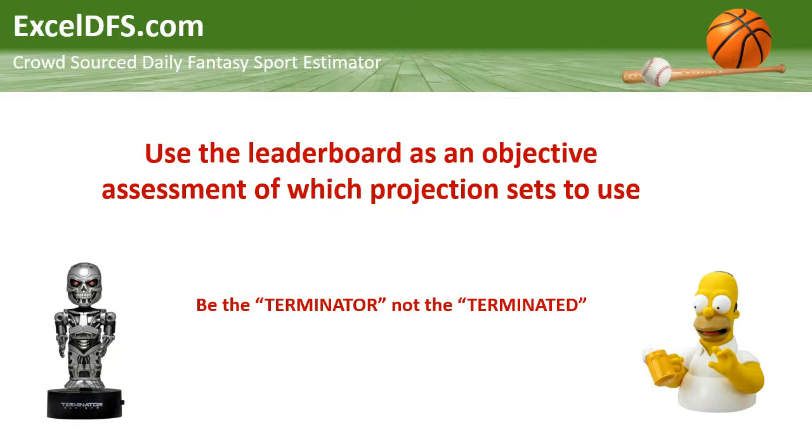Basically, without further ado, I'm going into practical examples of laying bets where we use the leaderboard as an objective assessment of which projection sets to use for a particular day, and, at the risk of sounding glib, be the Terminator and not the terminated. So let's look at a few examples.